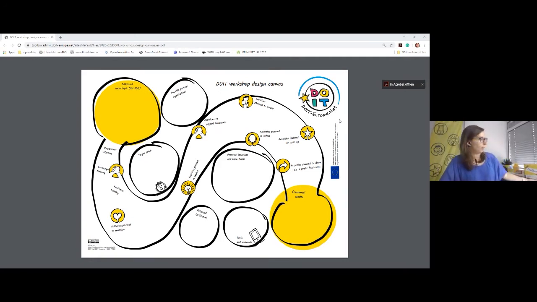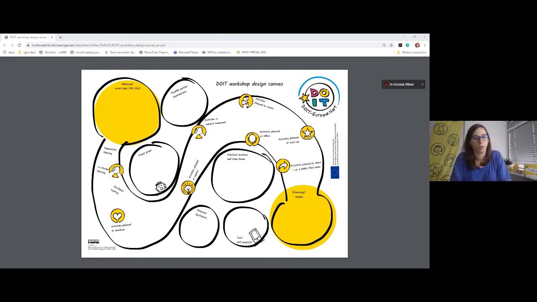And just want to briefly go through the canvas with you together, because maybe some of you just hadn't had the time to look at it properly. I think it's really a good tool to plan your social innovation process, and you really have everything in mind if you just go through it one time.